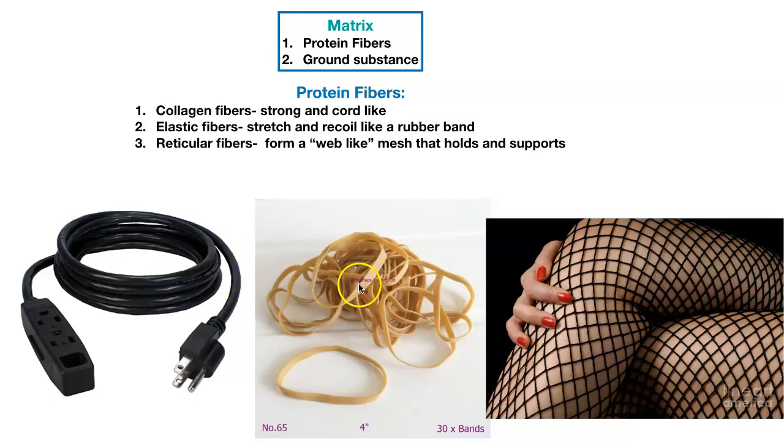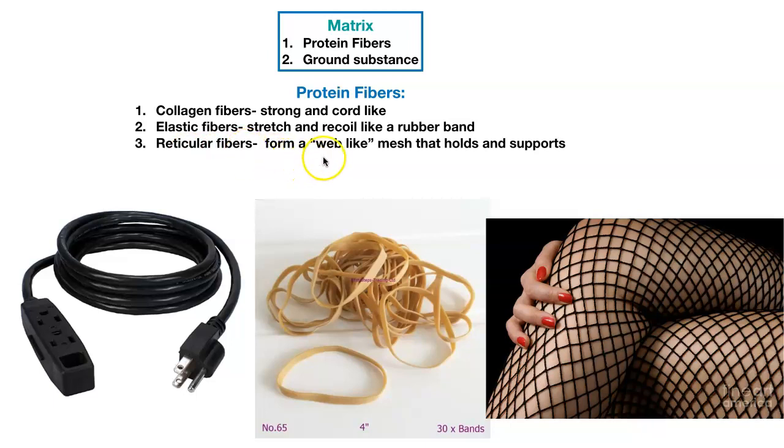The next protein fiber, these are called elastic fibers. Think of them as like elastic rubber bands. You can stretch them and they're going to recoil when you let go. So elastic protein fibers have the ability to stretch and recoil like a rubber band. And then our third possible protein fiber is going to be reticular fibers.